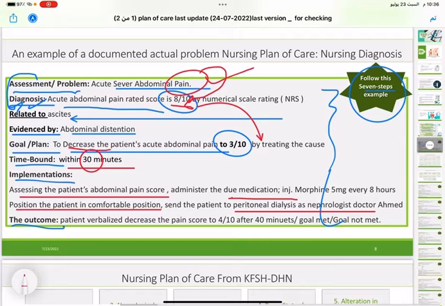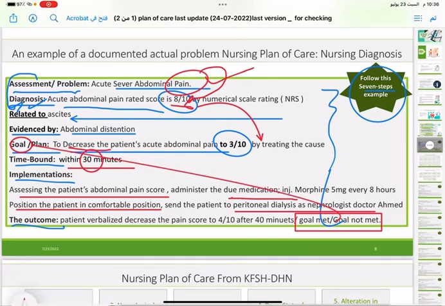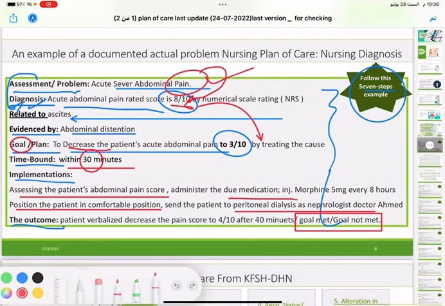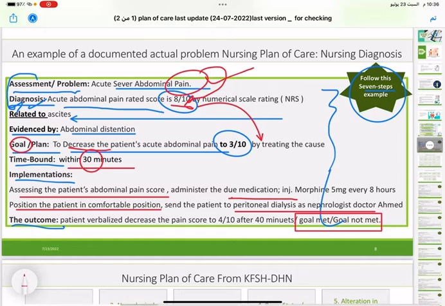And then the outcome: either you will write whether the goal is met or not met, or you will go to the goal itself. The goal is to decrease, isn't it? So maybe you can write that the pain is decreased, verbalized decrease.